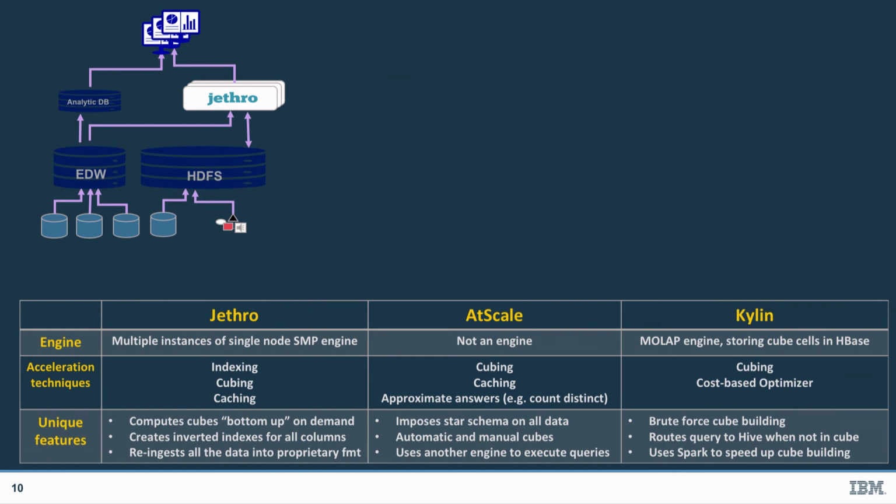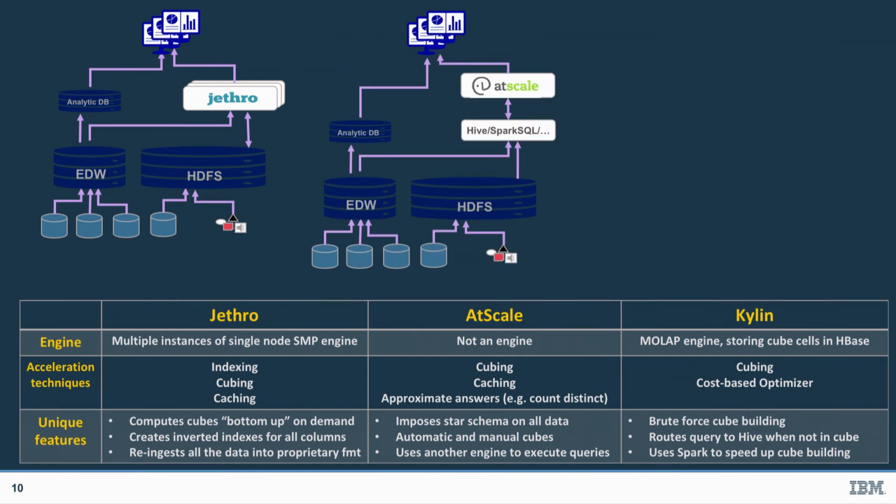It's autonomic in its creation of cubes. It also has some level of caching, but the downside of Jethro is that you have to re-ingest all of the data. Jethro has to represent all of the data in its native proprietary columnar format. And on top of that, it has to create indices on the data. But it's a very interesting technology.